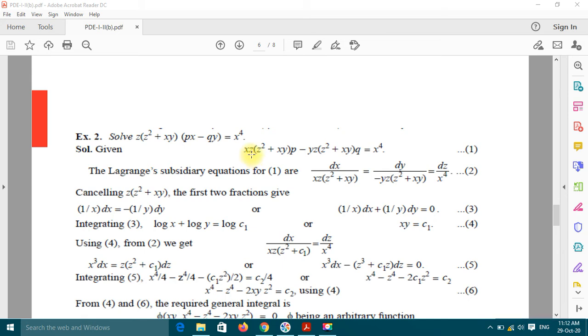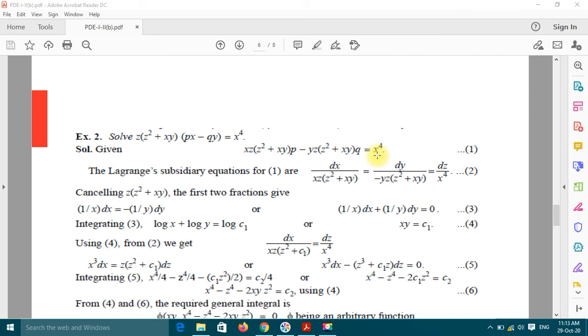So it becomes xz into z square plus xy p minus yz into z square plus xy q is equal to x to the power 4. Now we compare this differential equation 1 to the form capital P p plus capital Q q is equal to capital R, then we get capital P is xz into z square plus xy, capital Q is minus yz into z square plus xy, and capital R is x to the power 4.